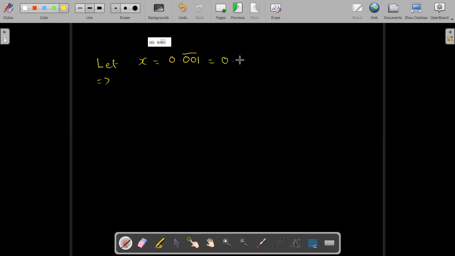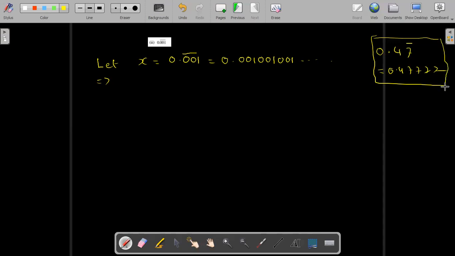Bar means these three numbers are repeated: 0, 0, 1, 0, 0, 1, 0, 0, 1. So wherever the bar is put, that number is repeated. Like we have seen in the previous question, 0.47 with the bar only on 7, that means the number is 0.4 and 7 will repeat: 7, 7, 7. So wherever the bar is put, that is the recurring number, so we use a bar for that.